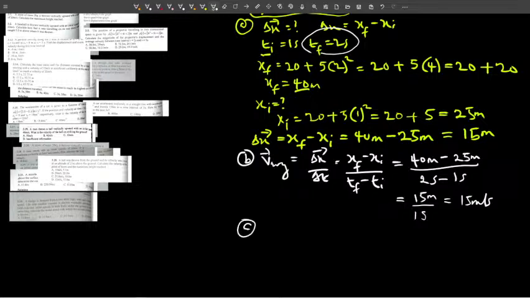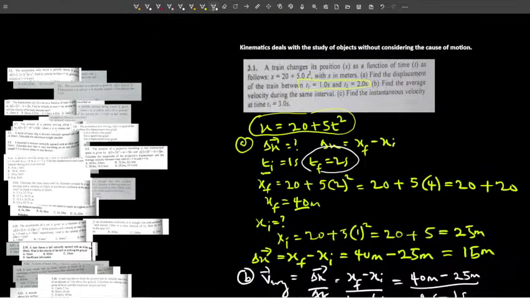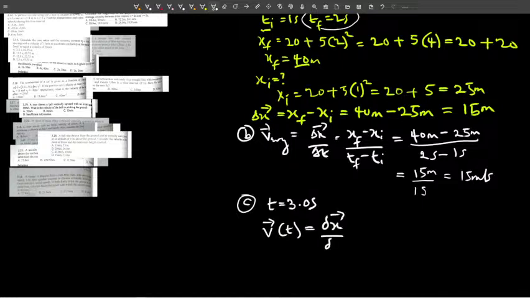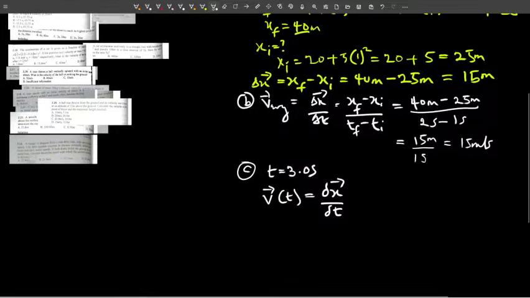But the last part says you should find the instantaneous velocity when t is 3 seconds. You can see in this case we're not given an interval of time, just a particular time. Don't forget that instantaneous velocity is equal to dx over dt, which means we have to differentiate x.